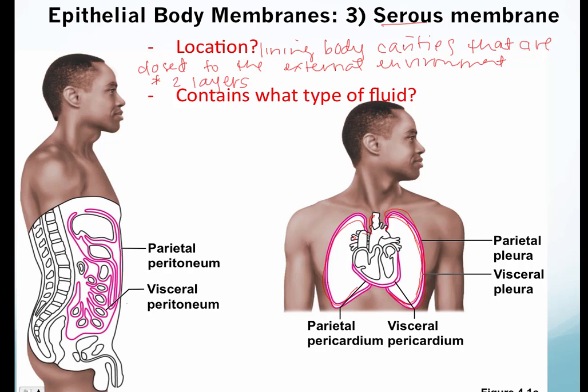Okay, so we have this outermost layer surrounding this closed cavity, and that's going to be the parietal pleura. And this innermost layer surrounding the entire organ, that's going to be the visceral pleura. Okay, well, pleura deals with the lungs. Parietal is the layer, so outer layer.